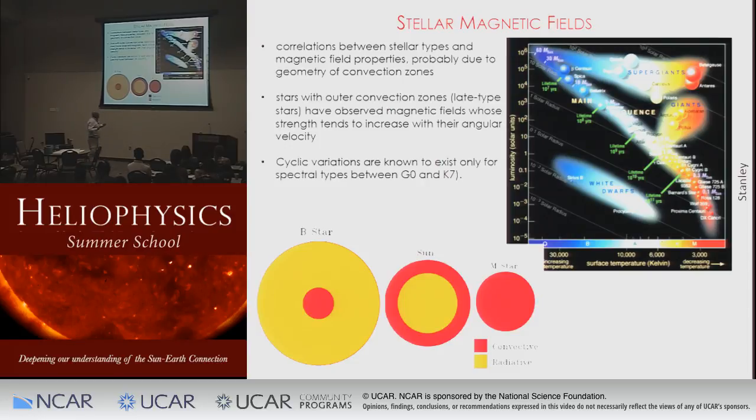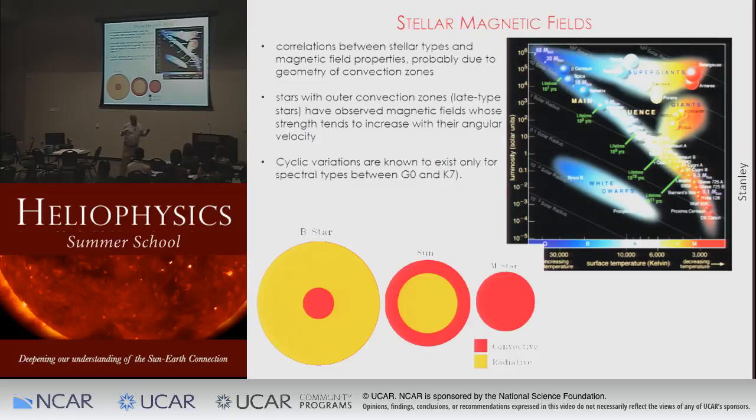What's more important to our point is convection. Which stars actually have all the ingredients we need to generate a magnetic field? Here's the sun. We have this outer layer with convection in it. We have an inner layer that doesn't seem to convect. It just sort of sits there. If you go to the hot, heavy, bright stars, B stars for instance, that reverses itself, and most of the star just sits there.